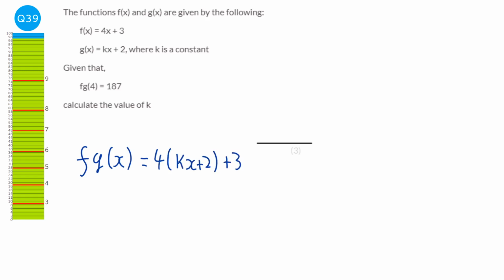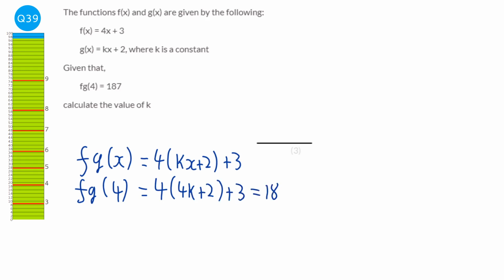Now this says that fg, when 4 is put into it, it gets an answer of 187. So when 4 is put into it, well, let's put that 4 into it. So 4 brackets, and it's k times 4, so that's 4k plus 2 plus 3, and it says that that will equal 187.